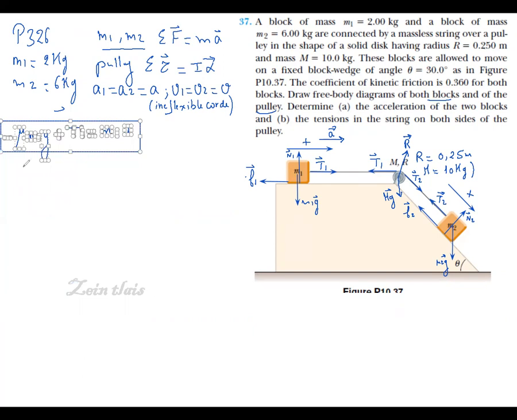First equation. Second equation about M2. Here it's important, look. I take only M2, this one.